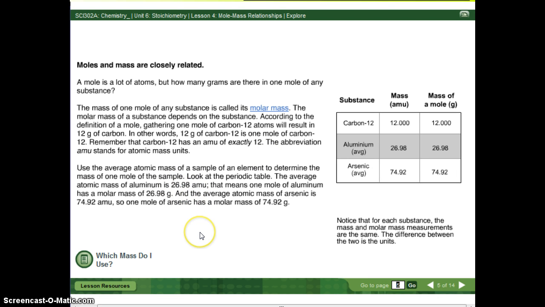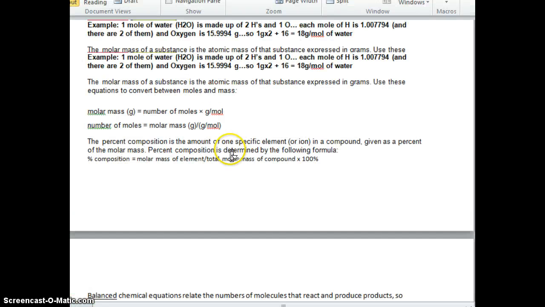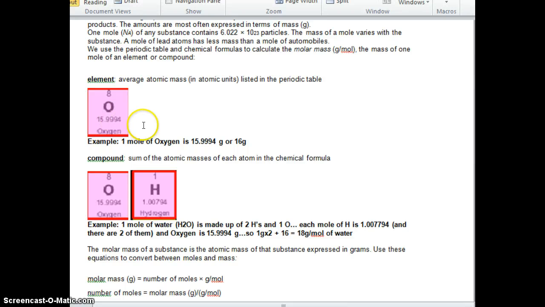That means that 1 mole of aluminum has a molar mass of 26.98 grams, and the average atomic mass of arsenic is 74.92 AMU, so 1 mole of arsenic has a molar mass of 74.92. Okay, so we have put that in our notes right here already. The average atomic mass is listed on the periodic table.